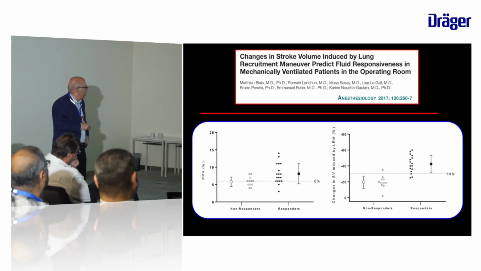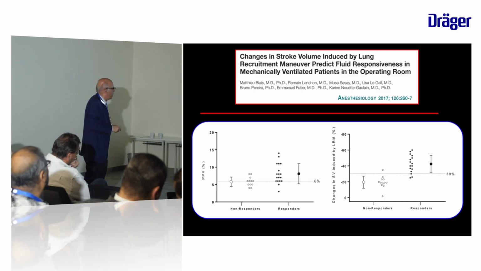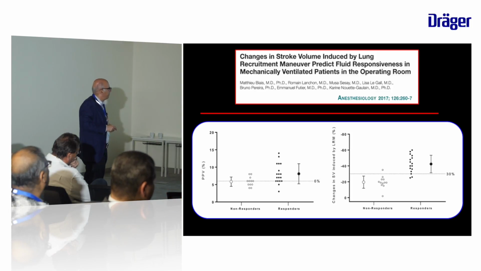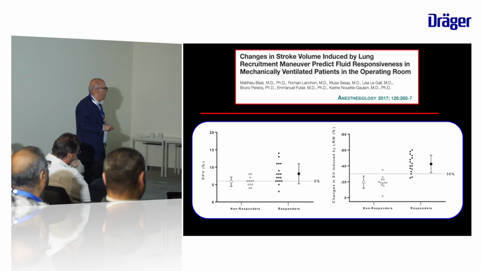Here you see the PPV in non-responders and responders. And you see here when you use the recruitment maneuver, you see a much bigger difference with a threshold around 30%.